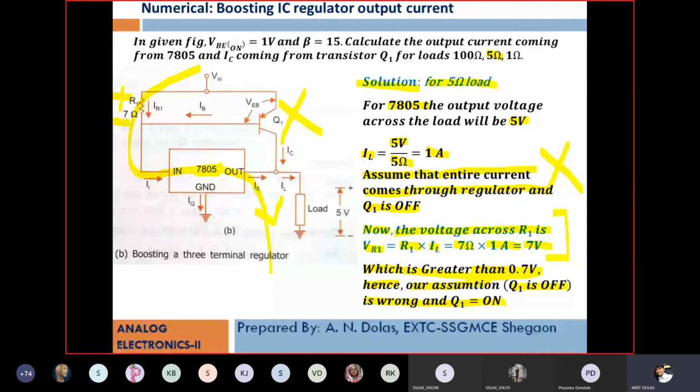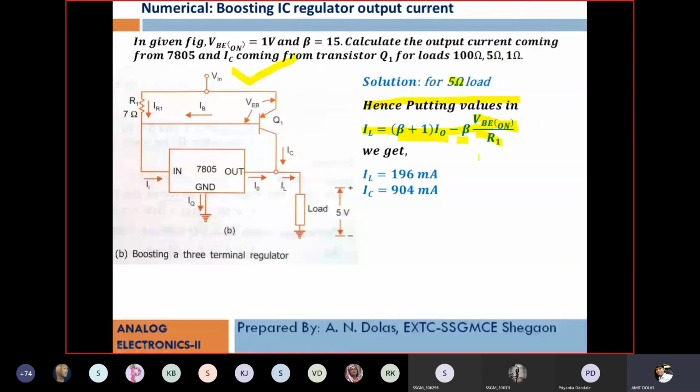The formula is: load current IL is equal to (beta plus 1) into I0 minus beta into VBE on upon R1. VBE on will be 1 volt. Putting in all the values, VBE on 1 volt, beta 15, and load current 1 ampere.